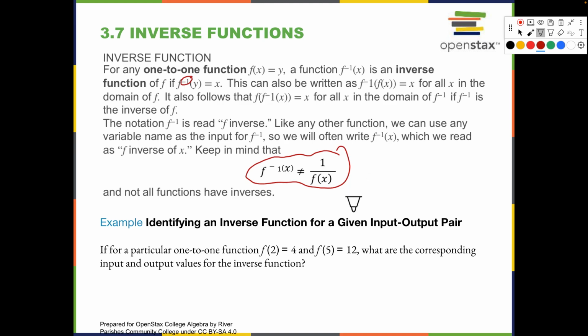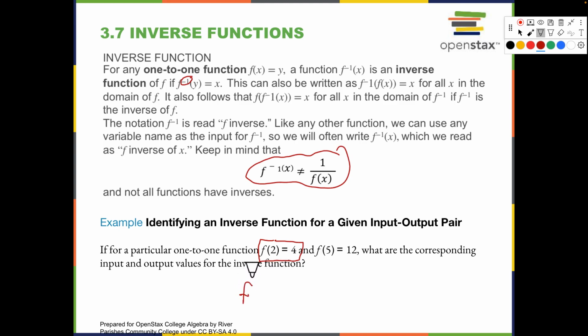Okay, and what happens in an inverse function is, so like this one down here is what we might call the forward function. It sends 2 to 4, and so what an inverse function will do is it really just switches the input and output.